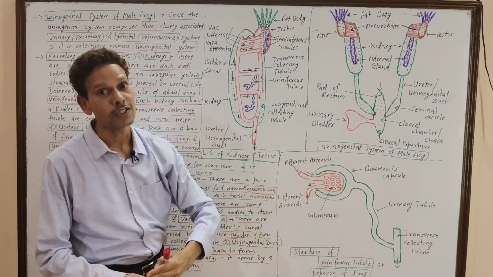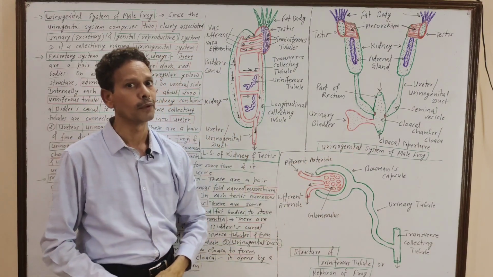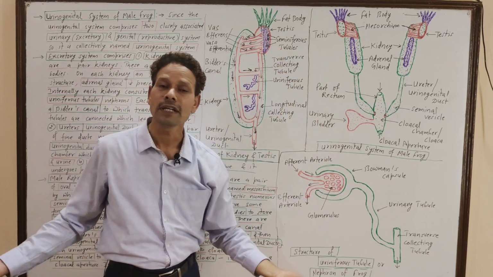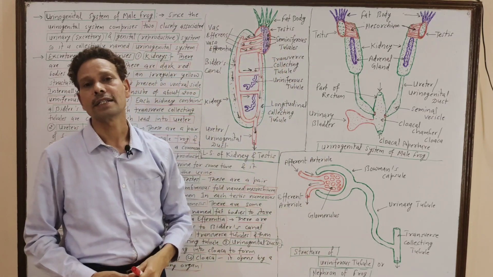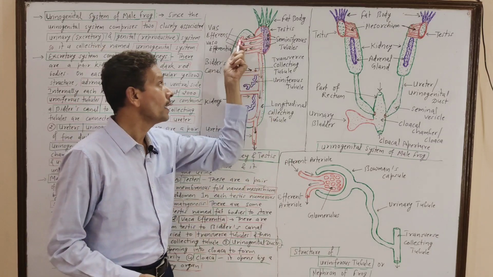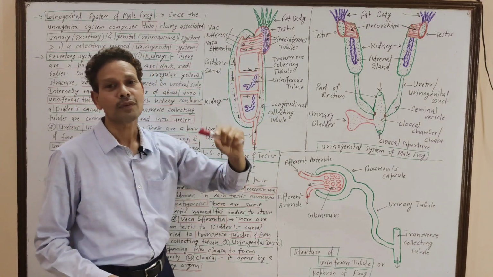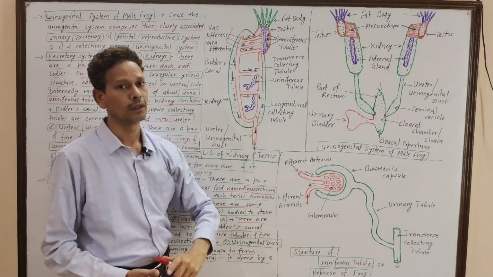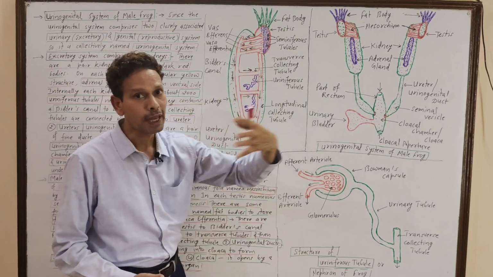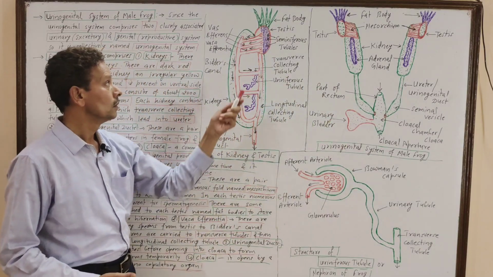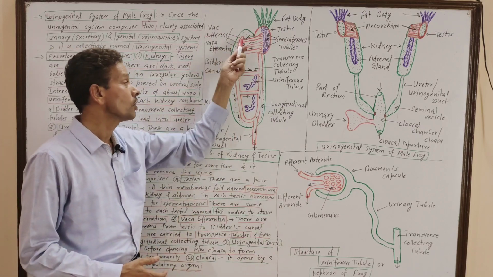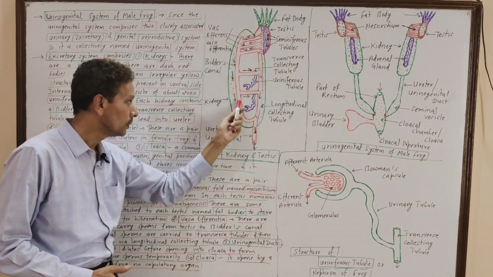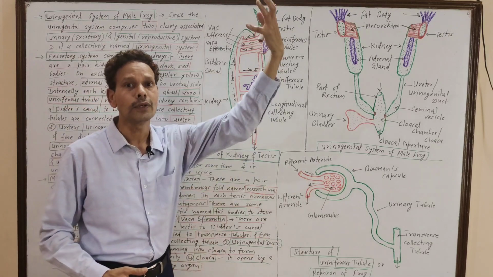From these testes, fine ducts, the vasa efferentia, carry the male reproductive fluid. These are about 10 to 12 in number, and they open into this elongated longitudinal canal.